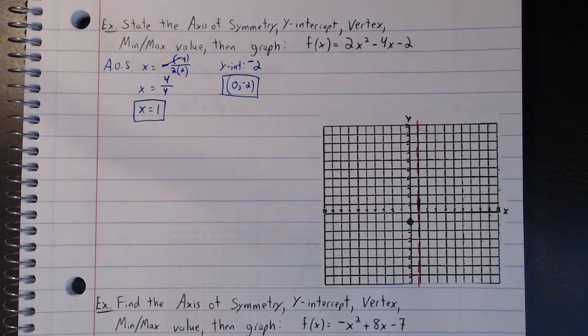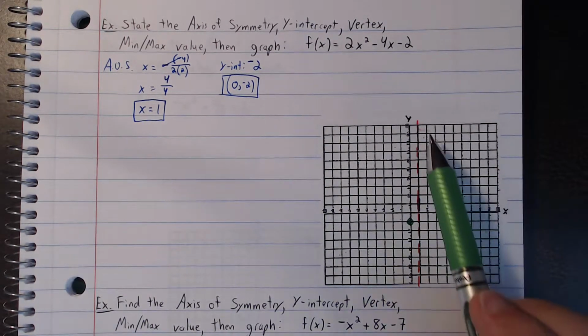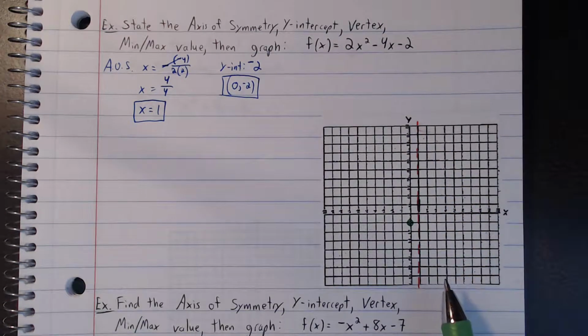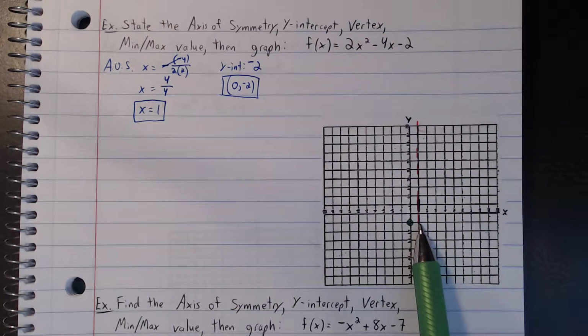Now we said, looking at that other picture we had, that because we have an axis of symmetry, the distance from the y-intercept should be equal on the other side. I already know my y-intercept is at -2, and I can see that I have a distance of 1 from my axis of symmetry.